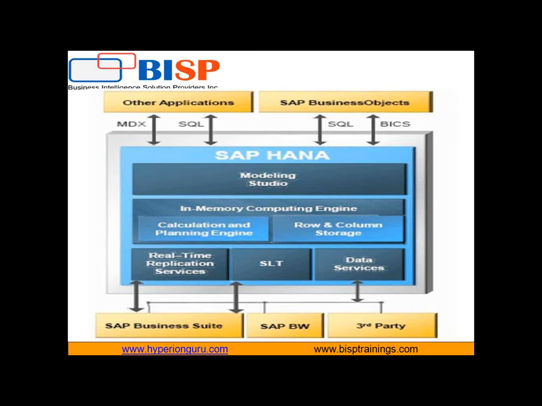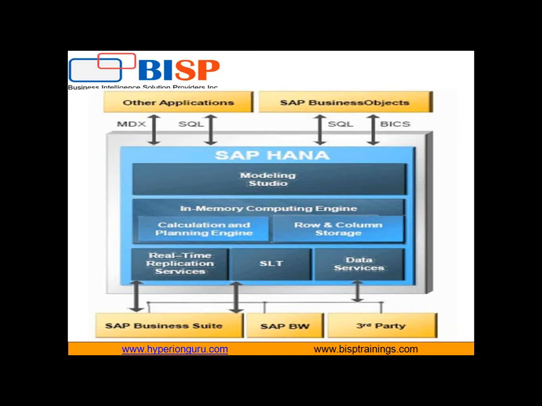But when you look at the presentation layer, we have HANA Studio. In that, we have in-memory computing, which is supported by calculation and planning engine, and we have row and column storages. I'll explain each and every one in detail. And the real-time replication servers are the ones used for data replication from the source systems.